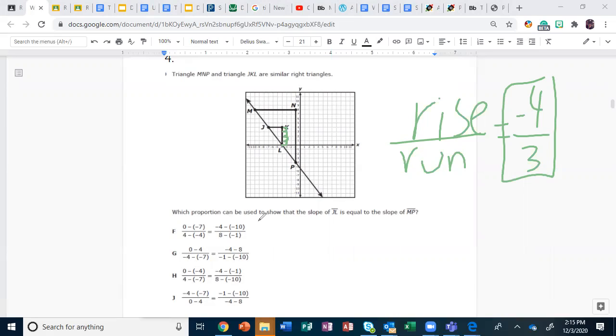No. 3. Put it on the calculator, guys. There's yellow calculators over there. You guys can use your phones, but I want you to put 0 minus -7.